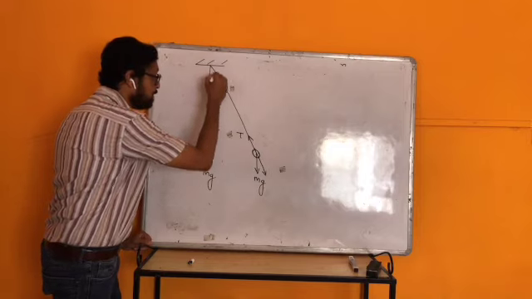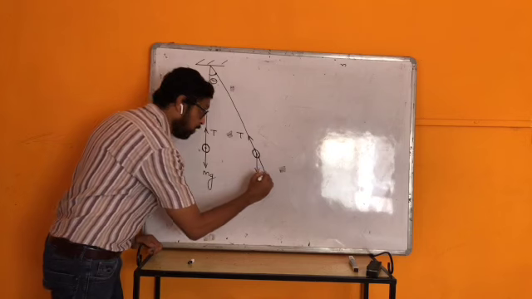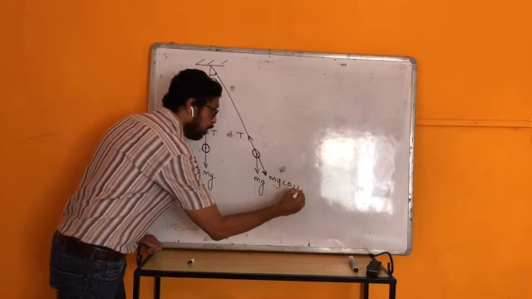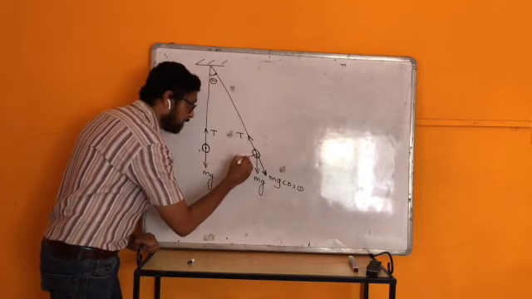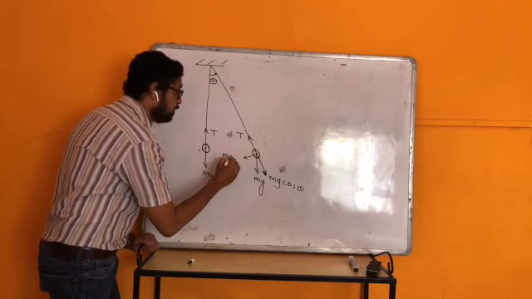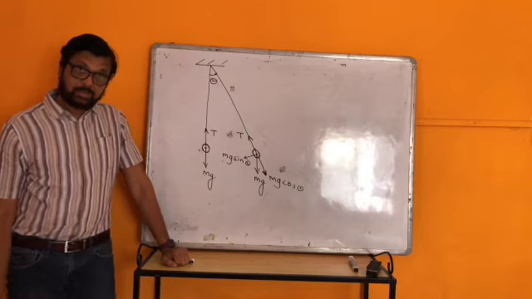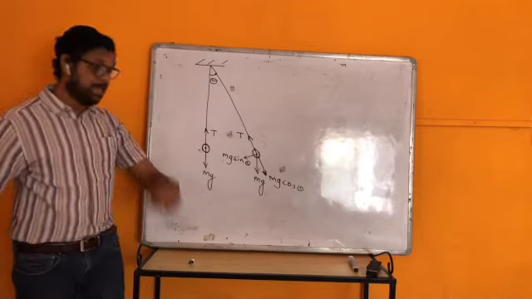This angle is theta, so this angle is also theta. So this component will be mg cos theta, and perpendicular to mg cos theta will be mg sin theta. So we resolved mg into two components, mg cos theta and mg sin theta.